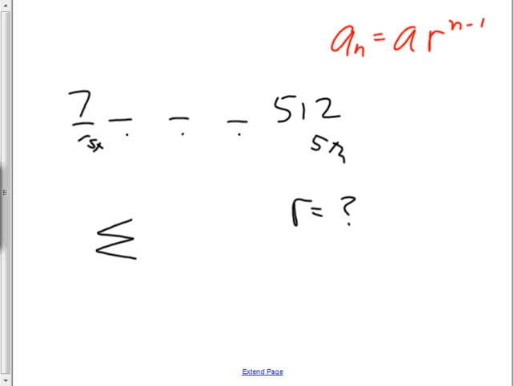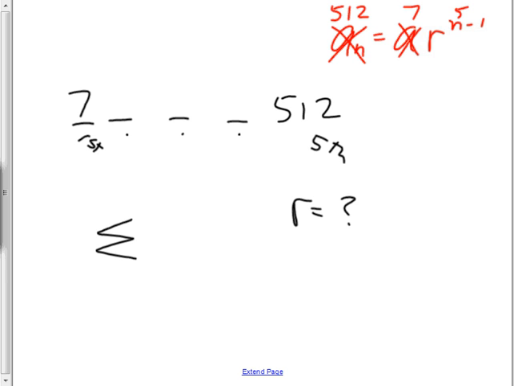What is a sub n? It's any term, except I know that I have the fifth term, and it's 512. Do you get why I can put 512 there? And then the a is the starting term, so do you get why I can put a 7 there? Since n is 5 because I've got my fifth term on the board, this must be a 5.